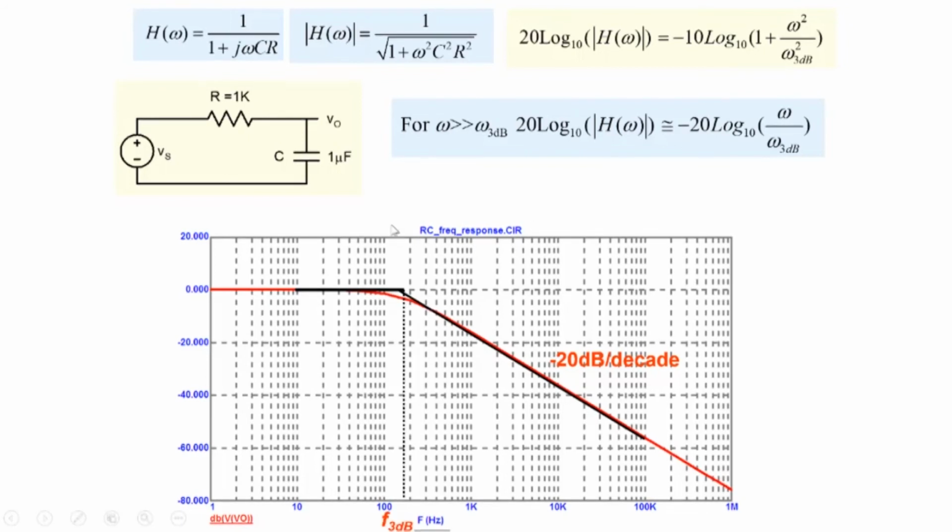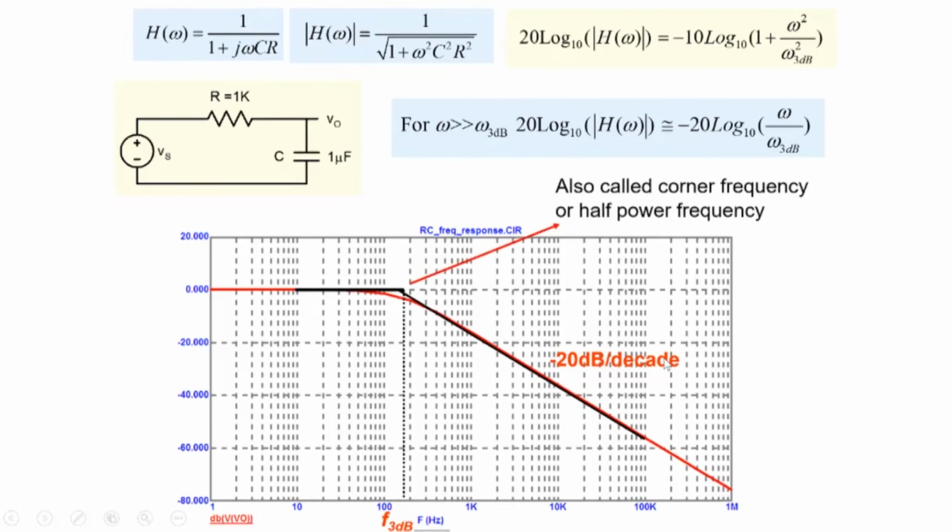So through this analysis in the frequency domain, we have identified several things: that the nature of the filter is a low pass filter, and that there's a transition frequency called the F3 dB frequency. Beyond the F3 dB frequency, the rate at which the signal is getting attenuated is 20 dBs per decade.